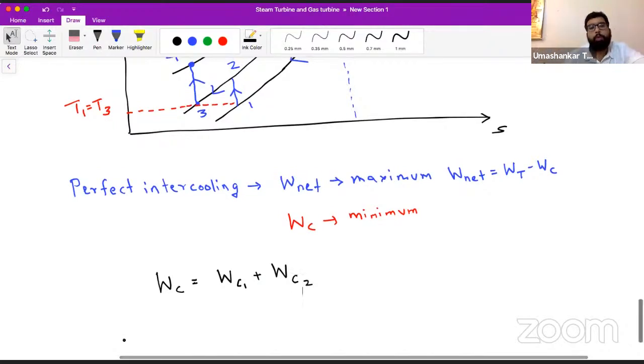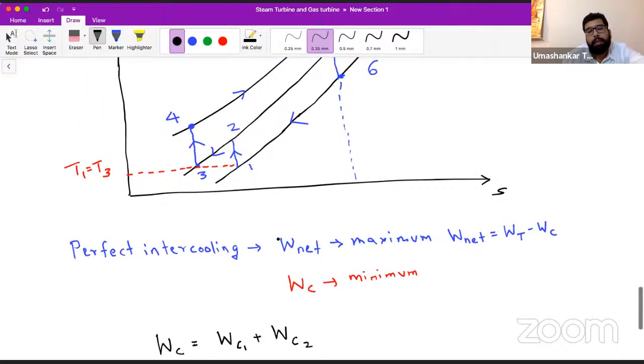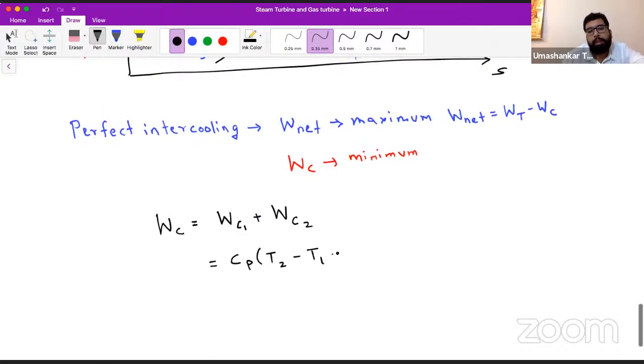Got my point? So what is our WC1? WC1 is CP times T2 minus T1, and WC2 is CP times T4 minus T3. I just have taken CP common and am writing the equation.